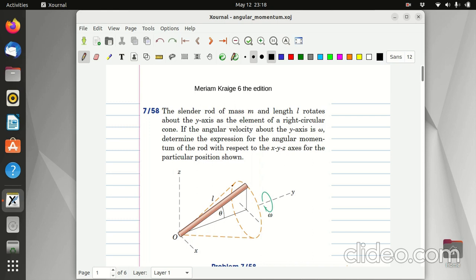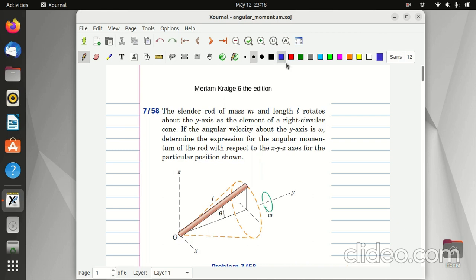So the rod rotates like this. Now you have to find the angular momentum of the rod with respect to the xyz axes for the particular position shown, and it looks simple.